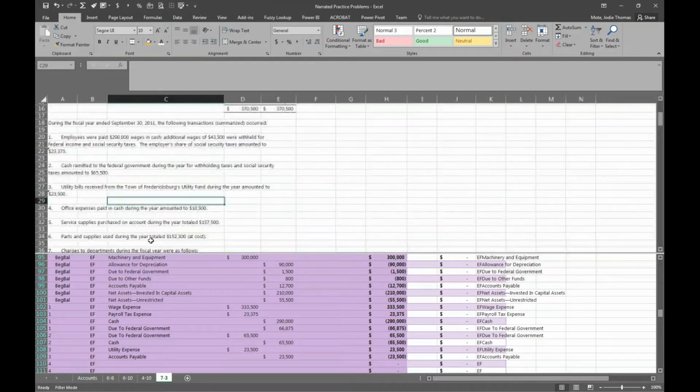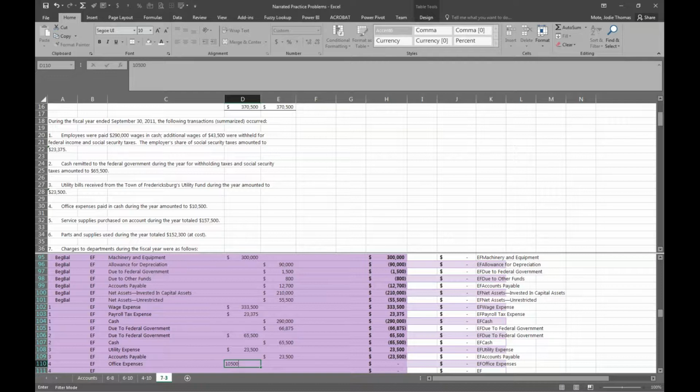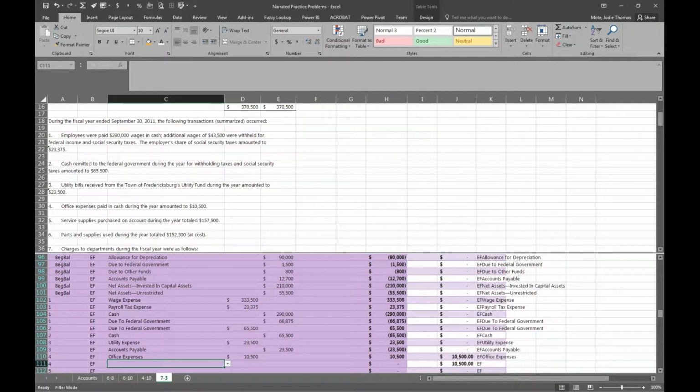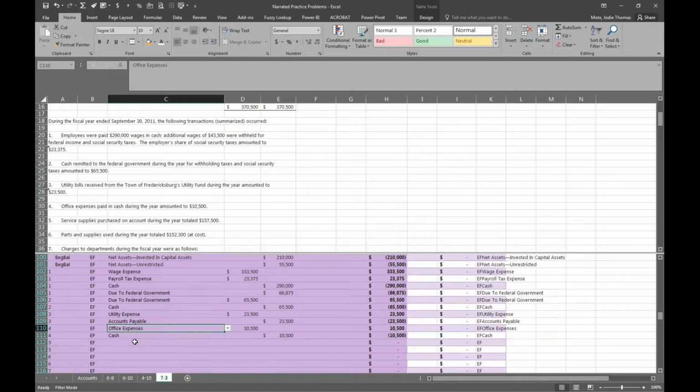So let's go to our office expenses paid in cash during the year amounted to $10,500. So this one's cash. We're still going to record the expense just like we did for utilities, except we're actually paying these bills. So cash, 10,500. All right, service supplies purchased on account during the year totaled 157,500. This one should be easy.